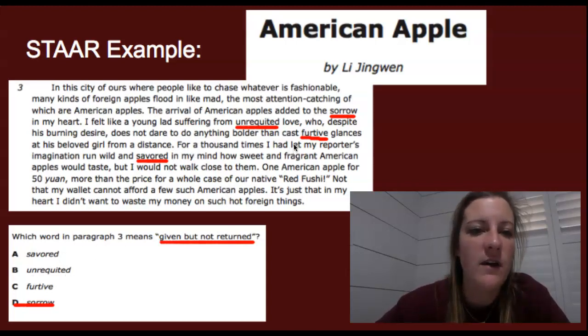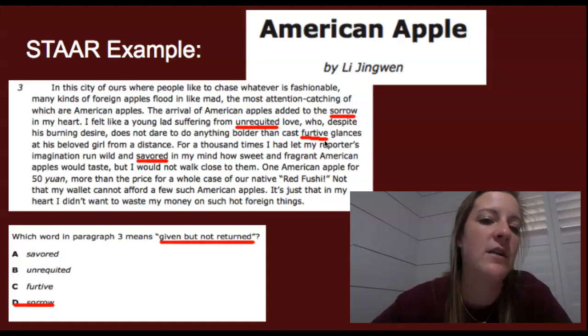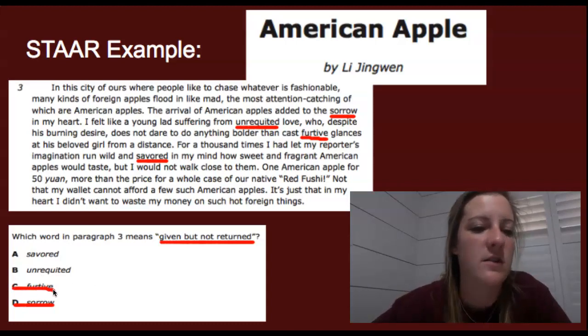Then you have cast furtive glances at his beloved girl from a distance. Honestly, if you're just looking at it, you would probably have to look up the word furtive because the context here is unclear of what that would actually mean. But when we look up the word, it's not going to match. So furtive is not the correct answer. And then you come down here, it says savored.